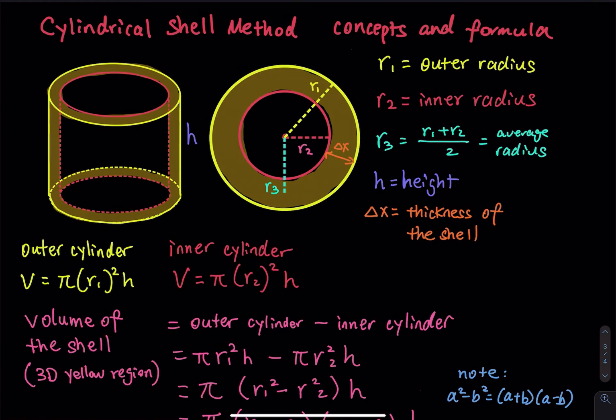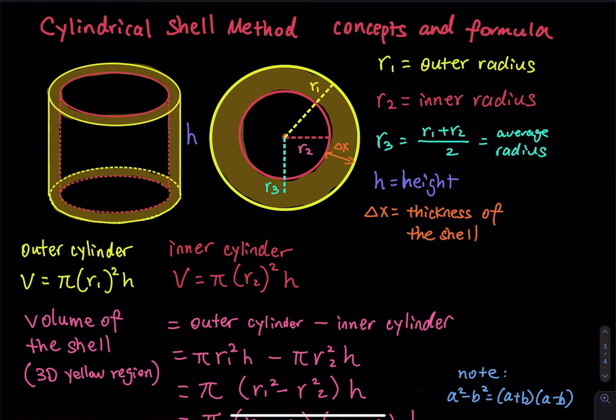Now, geometry question. How do you find the volume of that yellow space? So first, this is the concept. I am going to find the volume of the entire cylinder, just the entire one, the big one. And then I find the volume of the smaller cylinder.